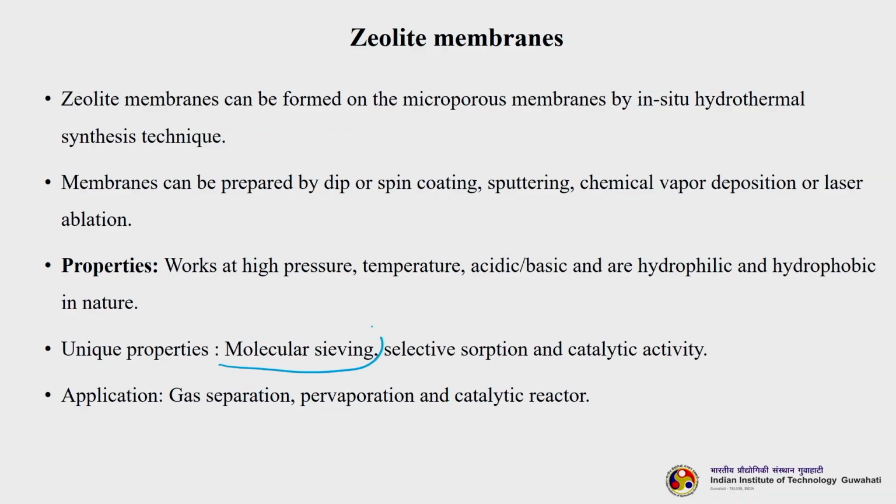So, you can choose zeolites to target either a hydrophilic or a hydrophobic membrane. The unique property is molecular sieving. Different molecules can be sieved using particular types of membrane, so as to get an easy separation, and they have selective sorption as well as catalytic activity. Due to this catalytic activity they are used in catalytic membrane reactors. Applications are gas separation, pervaporation and catalytic reactors.